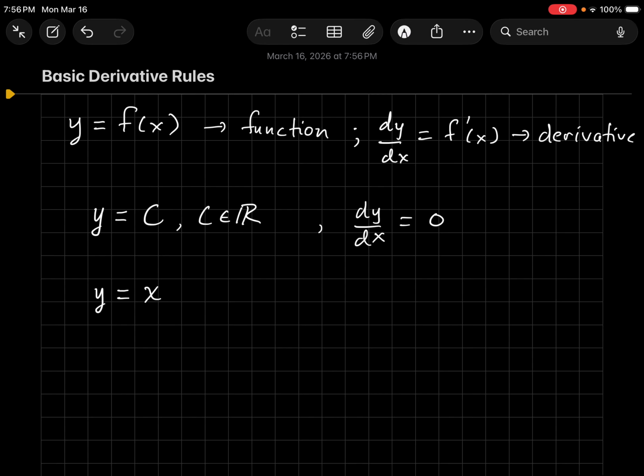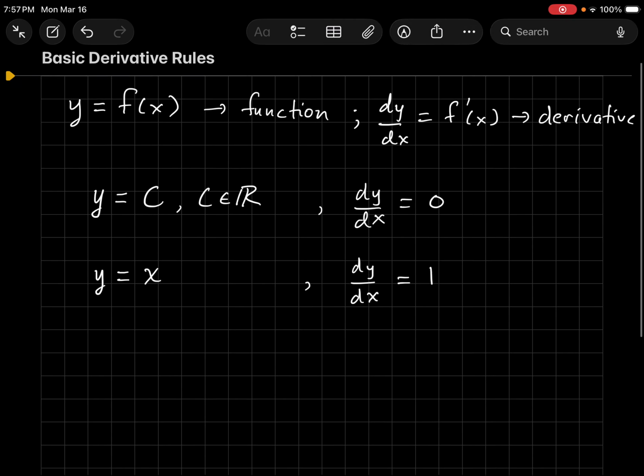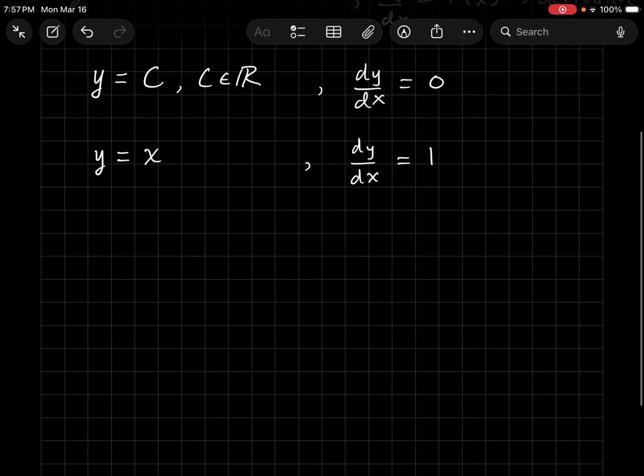If my function is y equals x, its derivative is 1. How about y equals x squared? Well, the derivative of y equals x squared is 2x.